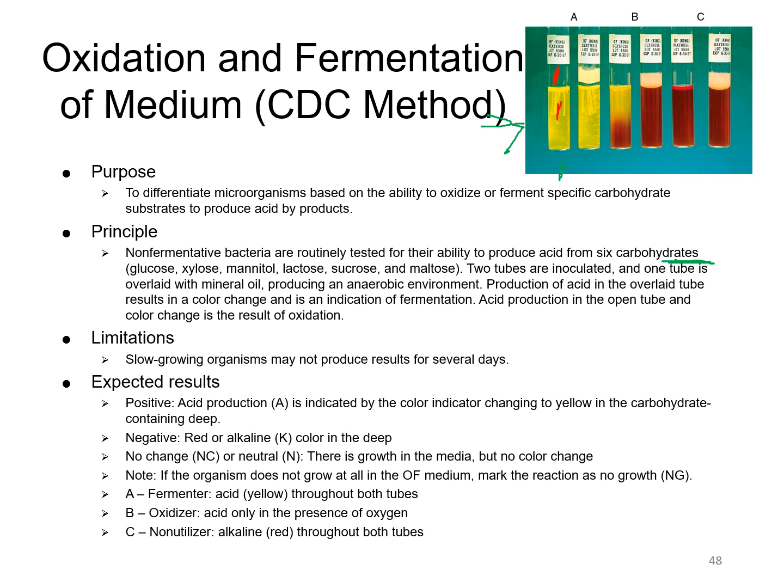Once the organism is placed into that, it is incubated for up to 7 days. Of course, you're looking for any sort of production of acid within that tube. So you would do 2 tubes for each particular sugar that you're trying to test for.